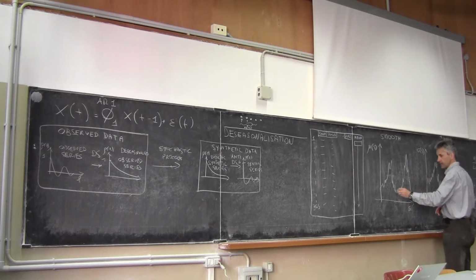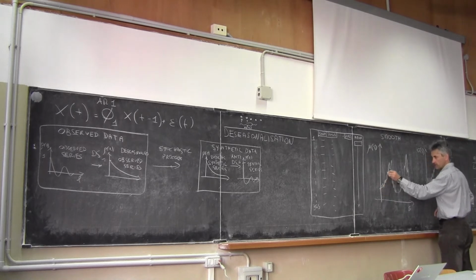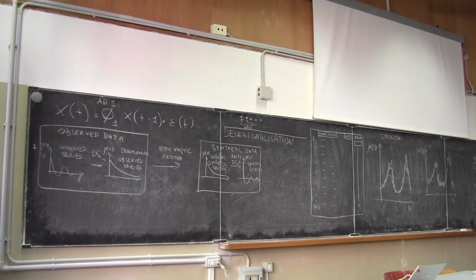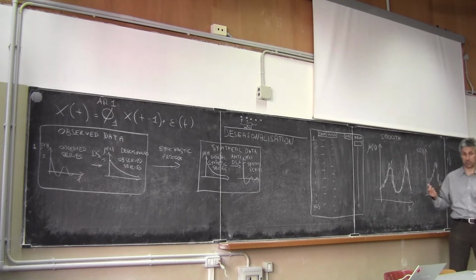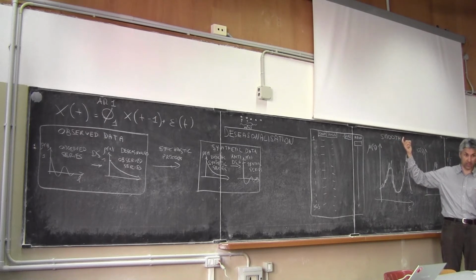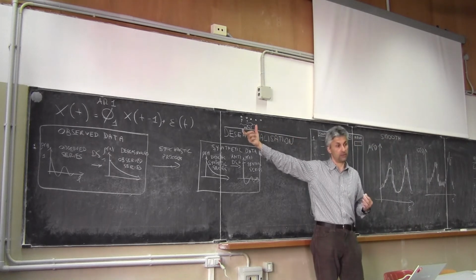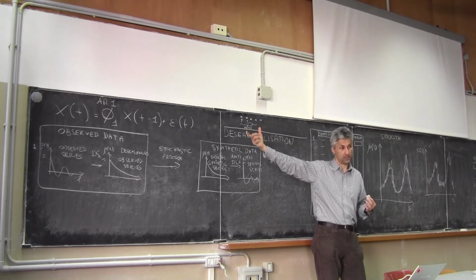So if you take a moving average, then you obtain something like this. And of course, you understand that the smoothing increases if you increase the width of the window.